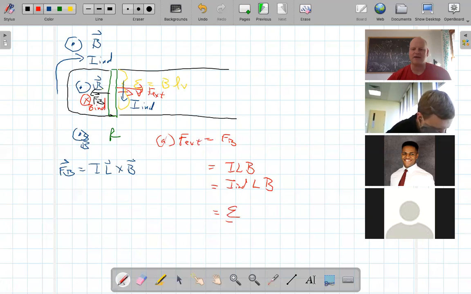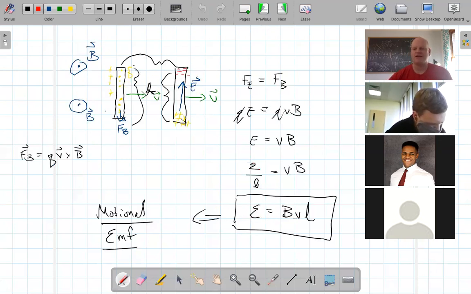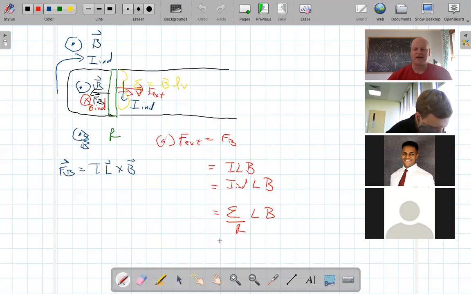So this is going to be the EMF divided by the resistance times the length times the external magnetic field. But this EMF is motional EMF, and we just found that the motional EMF is equal to B times L times V. So if I plug that in, this becomes B squared L squared times the velocity divided by the resistance. Okay, so this is the external force required to move this thing at constant velocity.